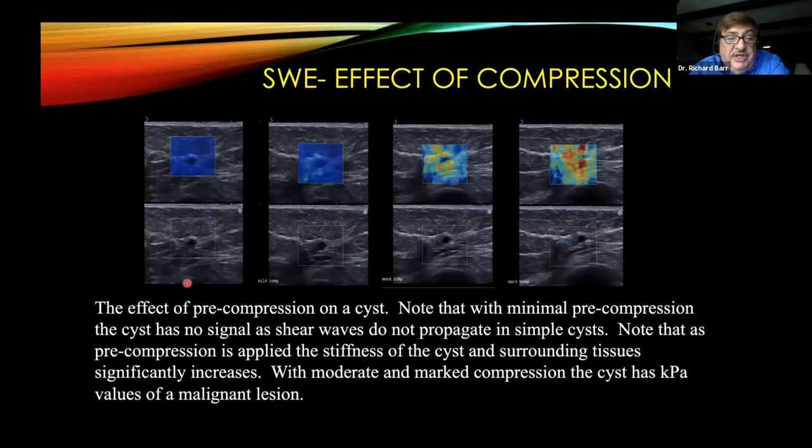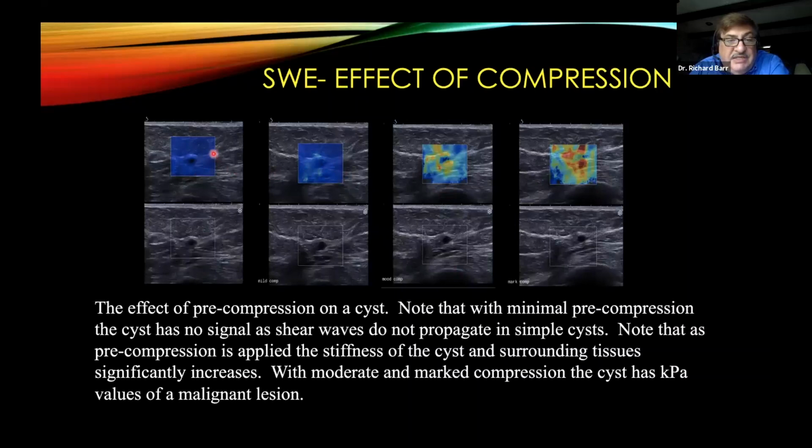This is just clinically to show you what happens. This is a benign cyst done properly. You'll notice that we've got all nice low values, blue. And if you look at, here's the rib, the rib, the rib, the rib. You can see I'm pushing down with the transducer and I'm narrowing that space between the rib and the transducer.